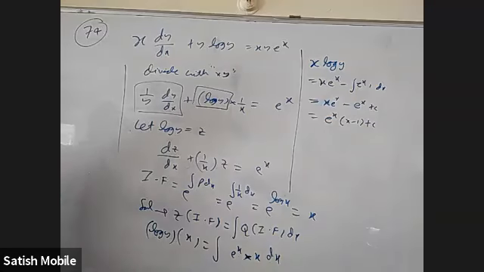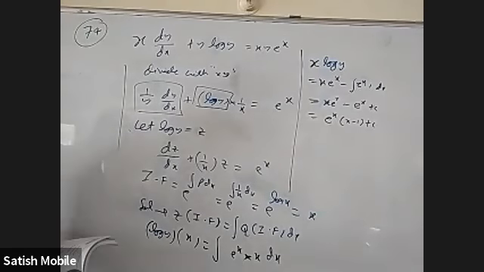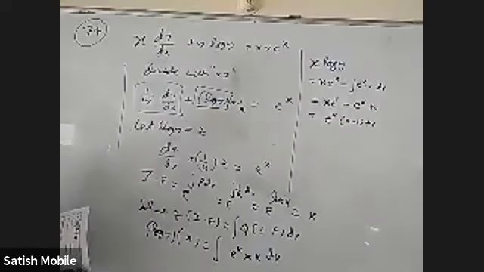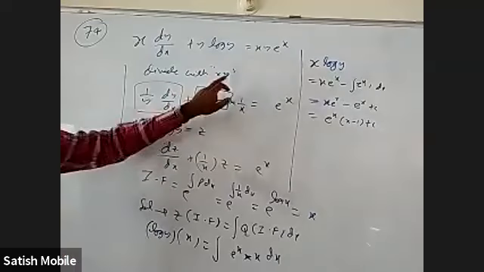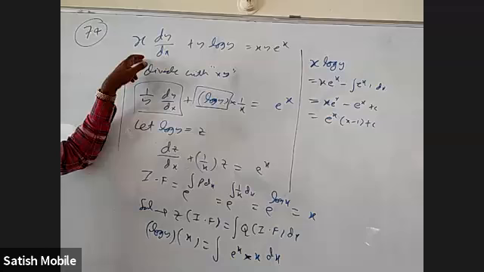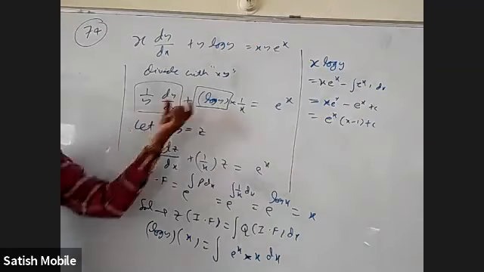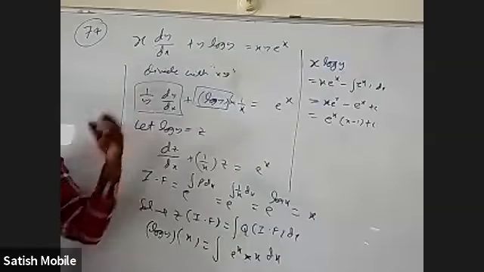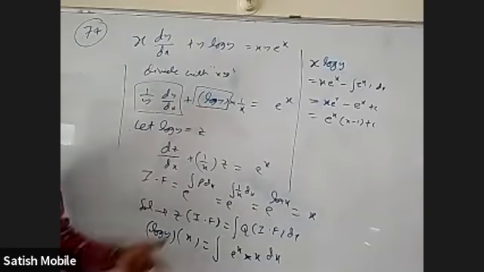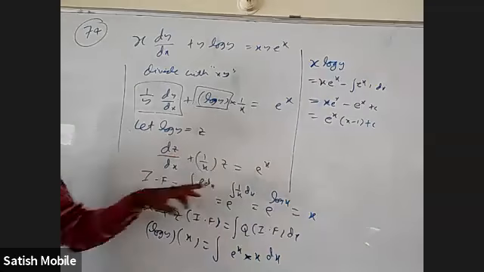Is it clear, 74? Once again, don't just copy. Please see what we are trying to do. This is not directly a linear equation. So we take something as z to convert it into a linear equation. We don't want any function of y here. That's why we divide with y. And we don't want anything in terms of x here. Now in the place of y, something else is there, and its derivative is available here. So if you take this as z, this will be dz by dx. Now it is the standard integration factor model.